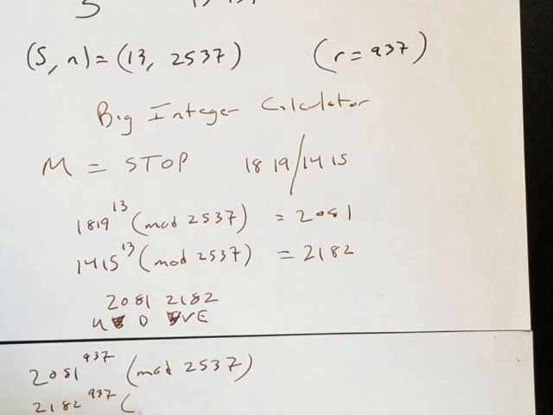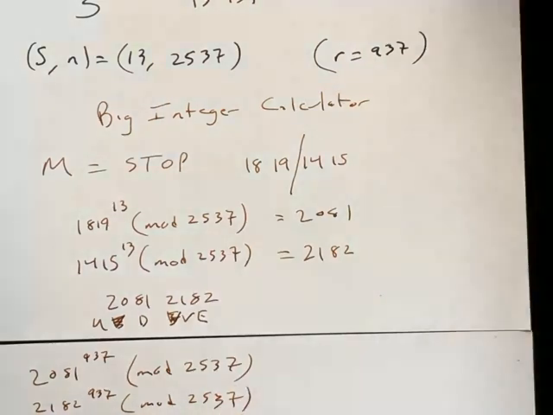And that's why I am absolutely not doing these calculations by hand. I'd break my calculator. I'd break my head. Raise something to the 937th power? You out of your mind?